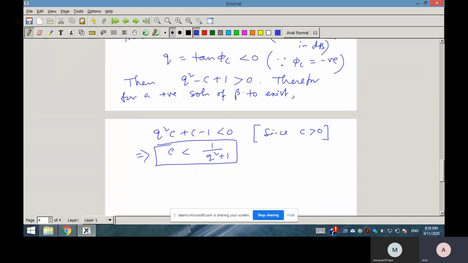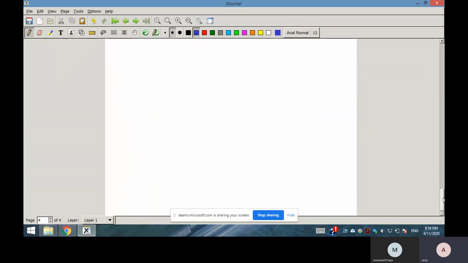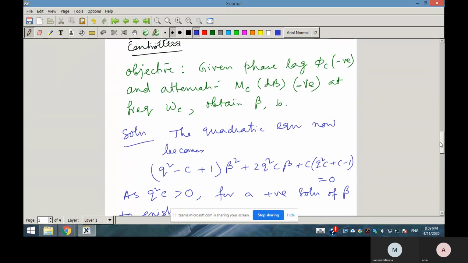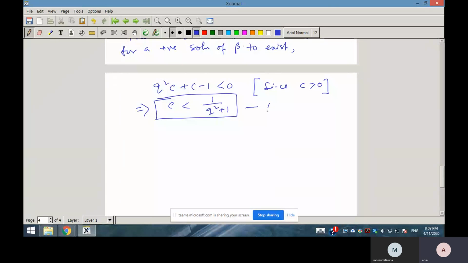So now we have to see whether positive solution existing means beta will be less than 1. I will write this as the necessary and sufficient condition for the time being for positive solution of beta.